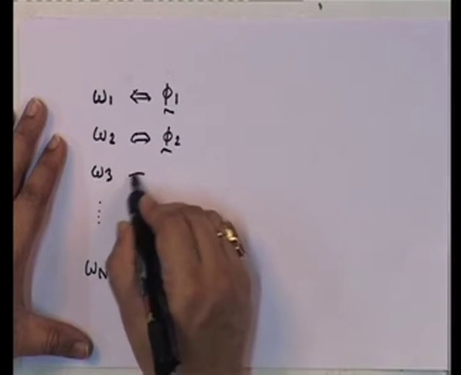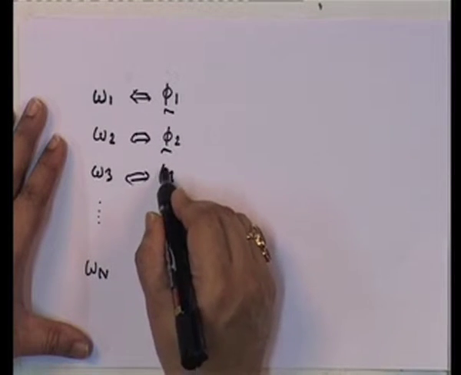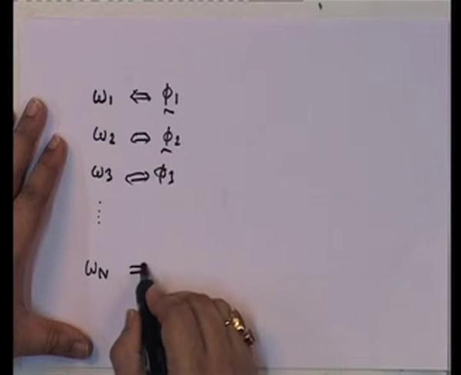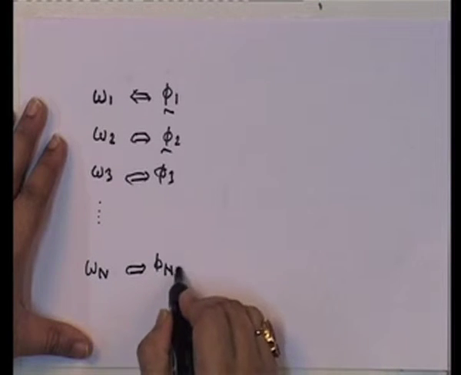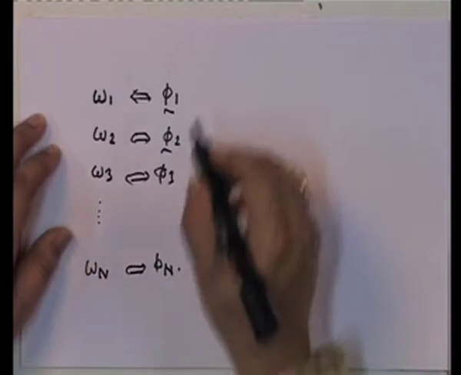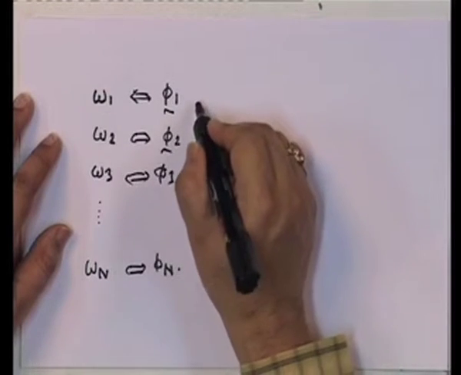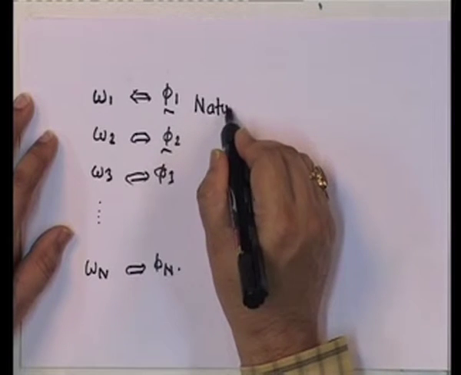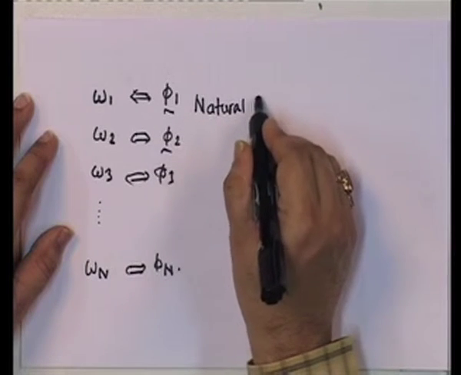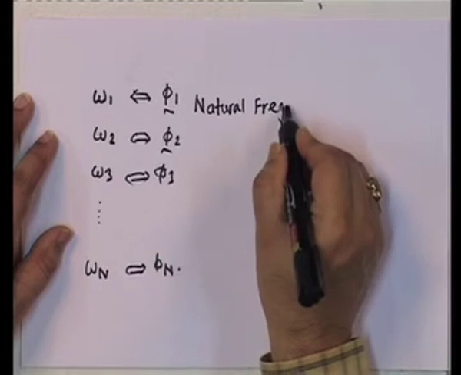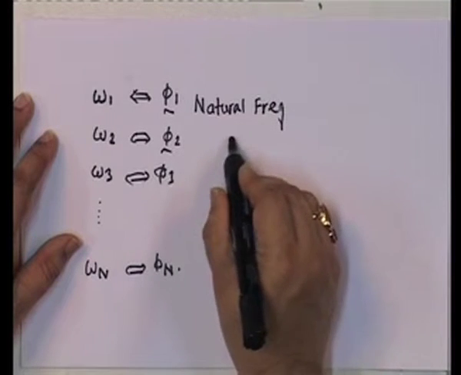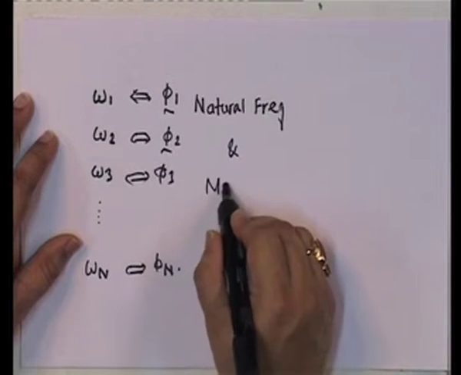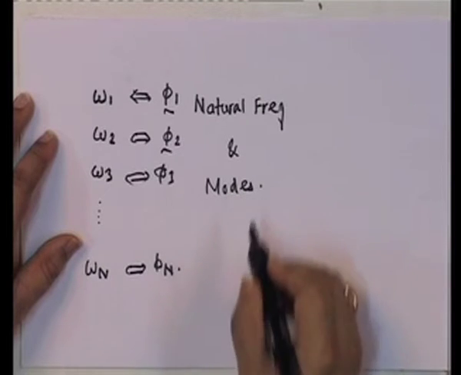phi 2, phi 3 and phi n. These are the natural frequencies and mode shapes.